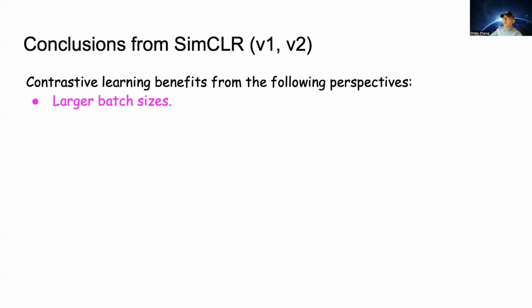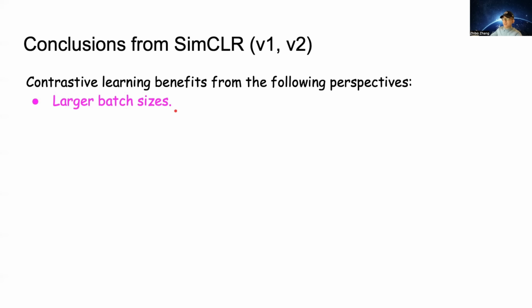You have more information, and the model can get a better understanding of the similarity information among the data instances. That can give you a more complete overview of what should be similar and what should not be similar, right? So larger batch size definitely helps in the case of contrastive learning.